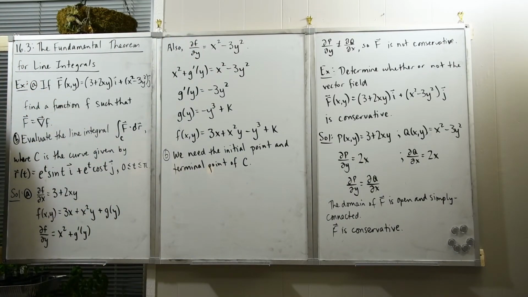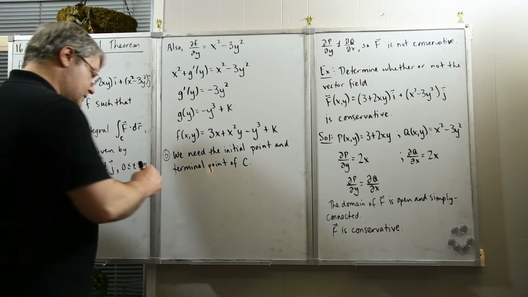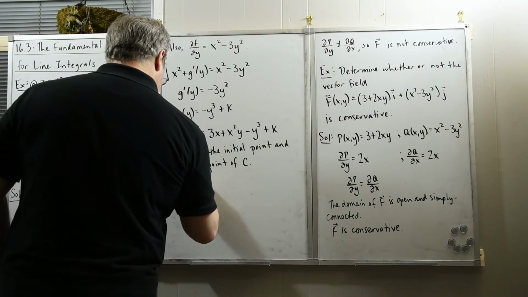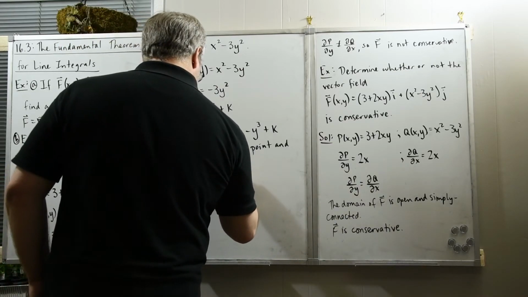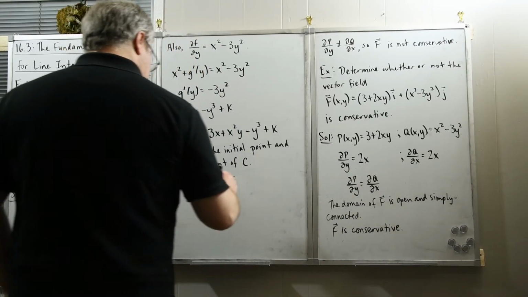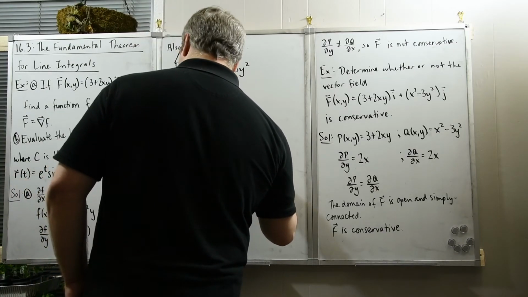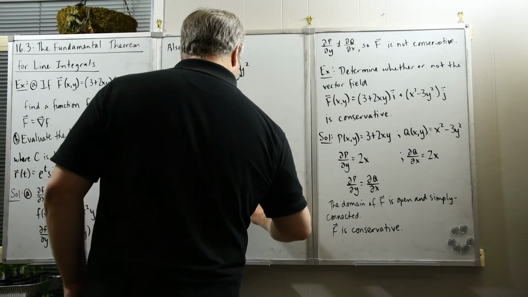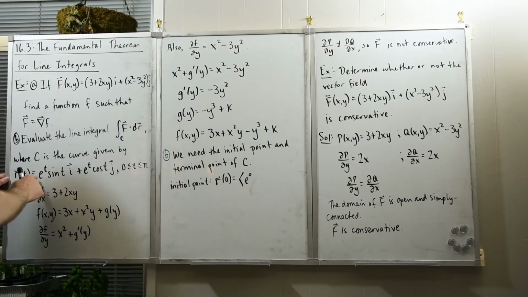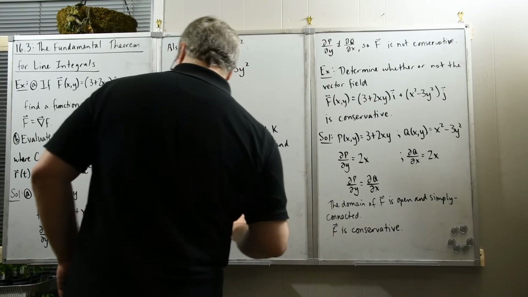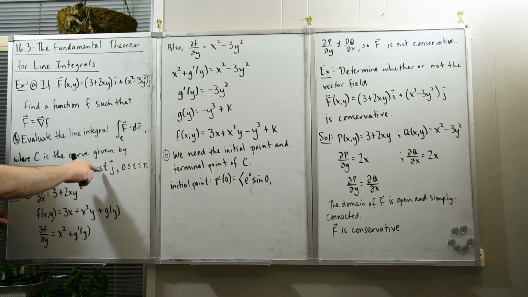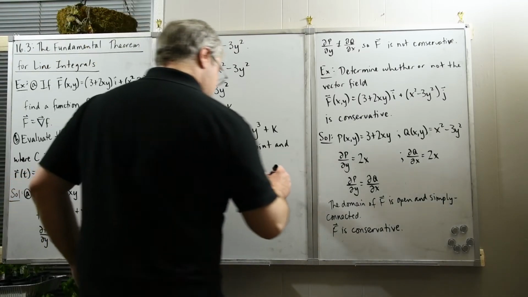All right, so if we want to get the initial point of C, then what we're going to need to do is plug in 0 for t here. So initial point, we'll have r of 0. And so you're going to get an e to the 0 times sine 0 as your first component, and e to the 0 cosine 0 is your second component.